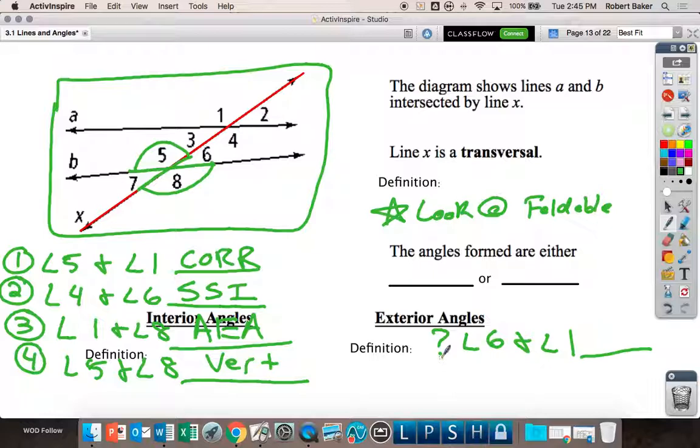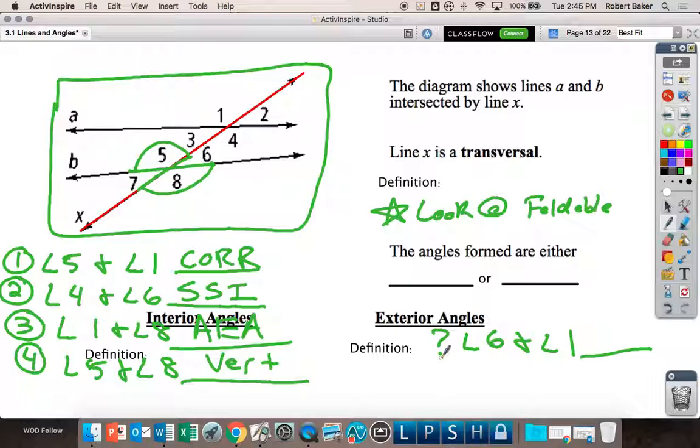Angle 6 and angle 1. Supplementary. Nope. You're gonna hate me for this. Wait. No. Alternate exterior would be alternate sides of the transversal and outside the lines, and that one's on the interior.